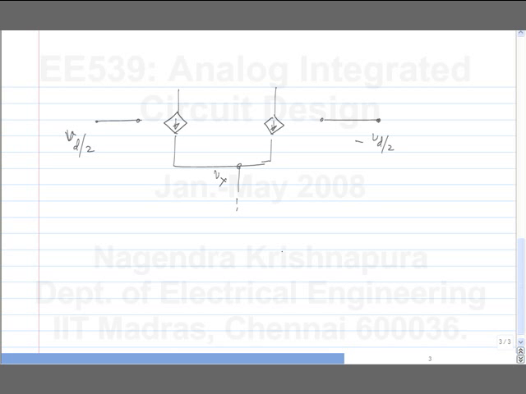And if the current source is ideal, this is an open circuit. So what does this mean? Gm times (Vd by 2 minus Vx) plus Gm times (minus Vd by 2 minus Vx), the whole thing equals 0. And the only solution to this is Vx equals 0.